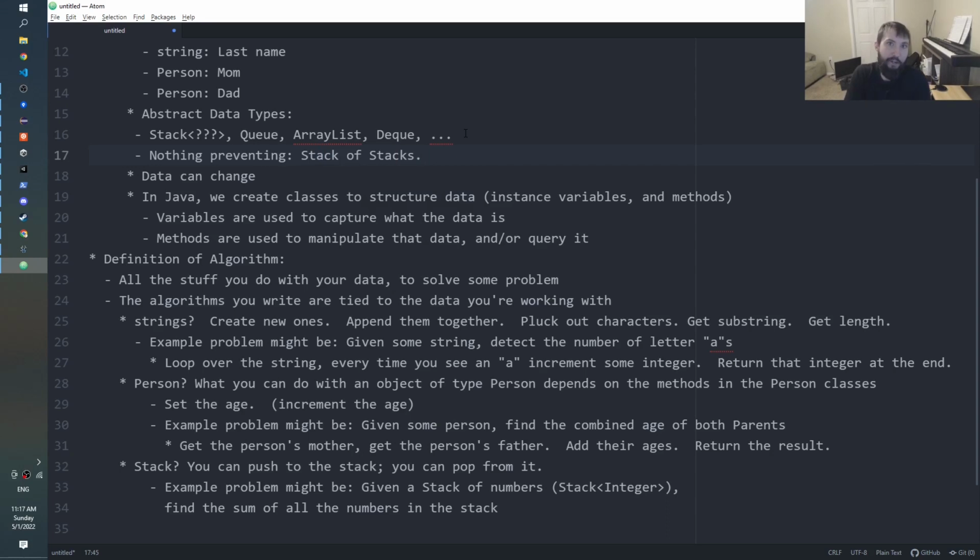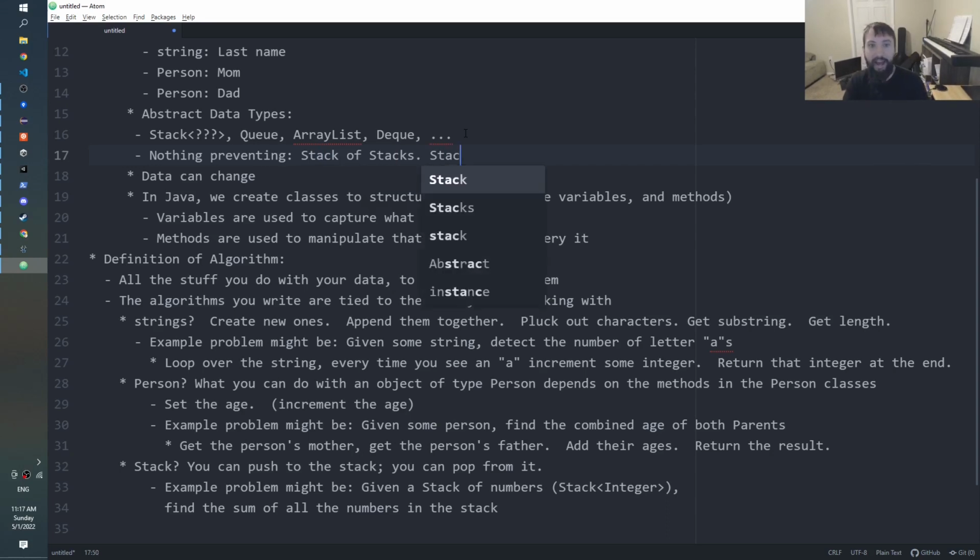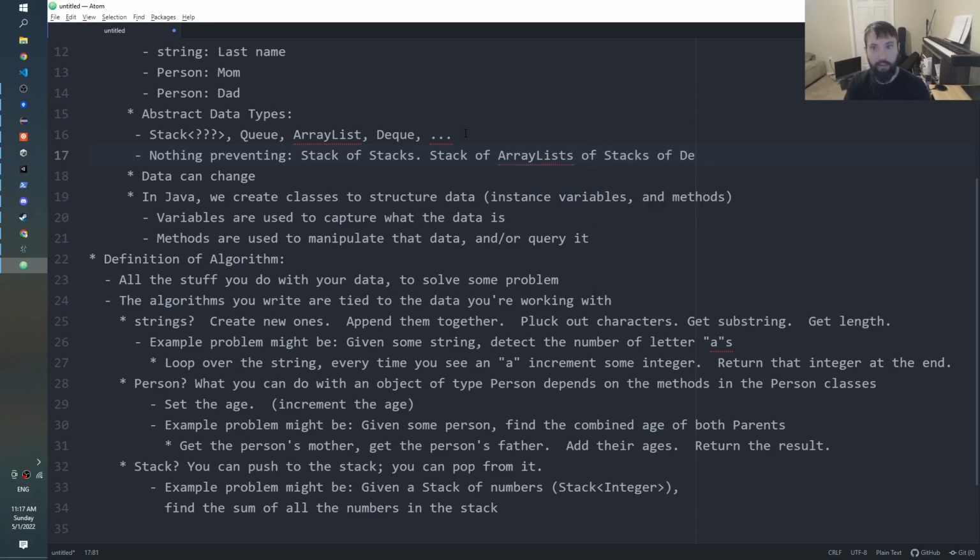Just to freak you out a little bit, you can have a stack of array lists of stacks of decks of queues of integers. Now, is there a good reason for that? I don't know. Probably somewhere in the world there's a good reason to have a stack of array lists of stacks of decks of queues of integers. The point is, these abstract data types, you get to define what they're doing, and it can be arbitrarily complicated.